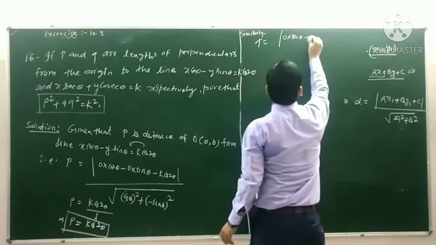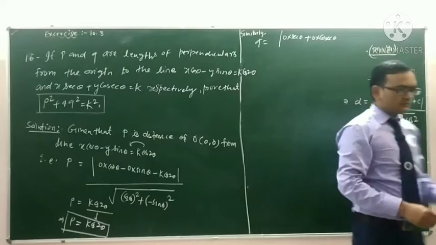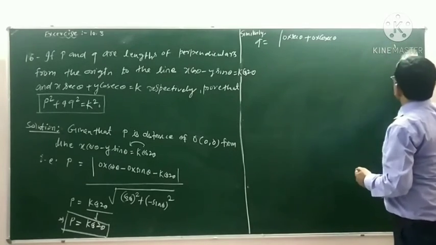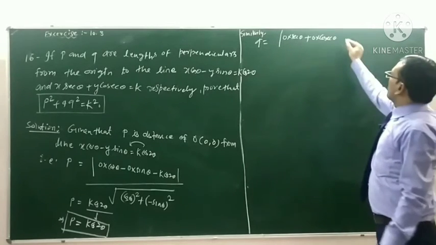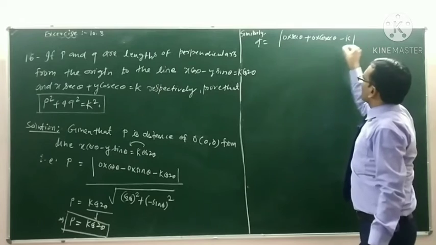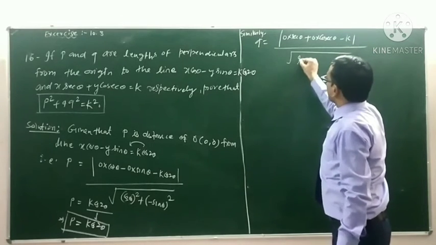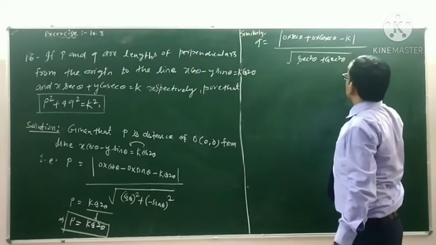0 into cosec theta minus k upon square root sec square theta plus cosec square theta.